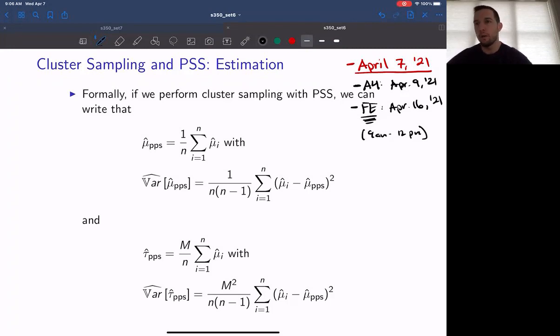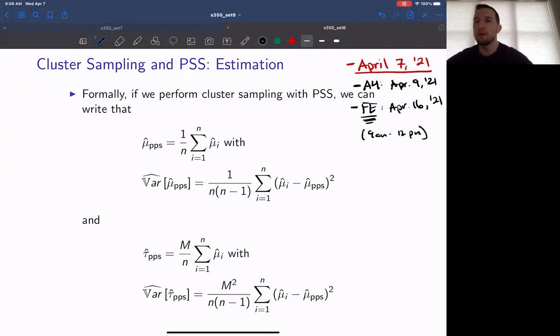When sampling with replacement, we noted that our computation of the mean and the total was actually quite straightforward because every single unit has a consistent probability of appearing in the sample. Whereas when we sampled without replacement, we had to effectively change our selection probabilities for each of the units that were being pulled, because the probability of observing that unit changes when one of the other units is pulled into the sample.